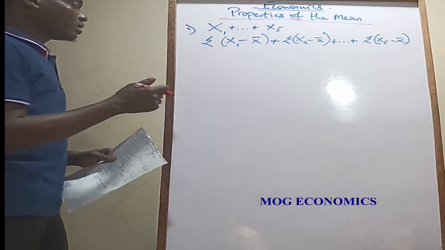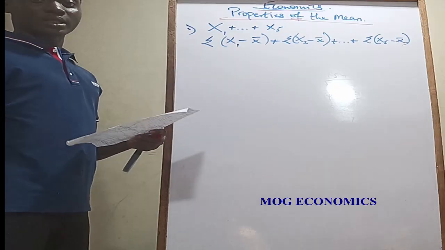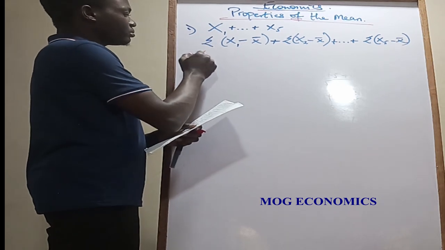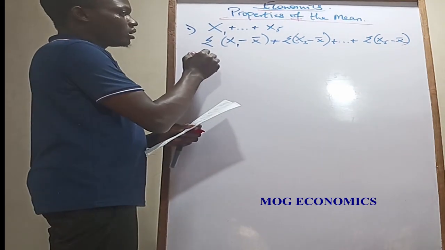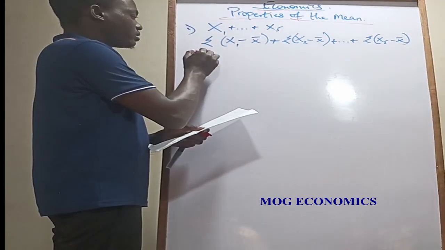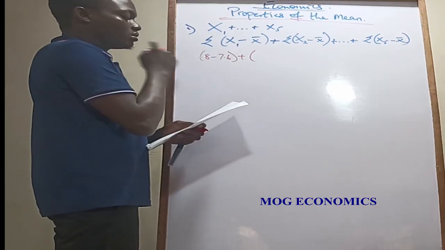So let's look at the example that we did that time. We had 5 numbers, and we got a mean of 7.6, if you remember. I think we had 8, 3, 5, 12, and 10. So we do 8 minus 7.6, that's the first number.